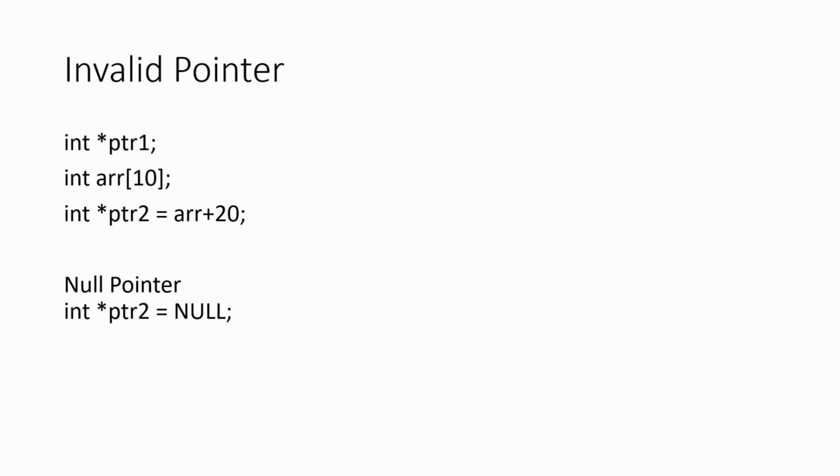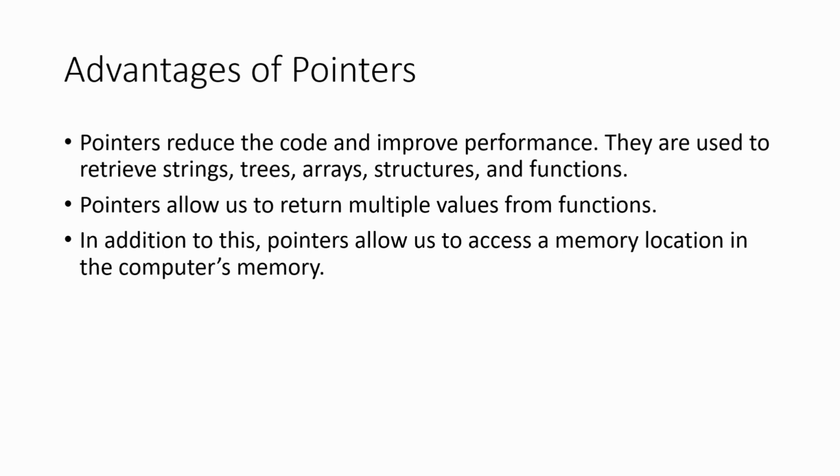PTR2 is array plus 20. I mean, this is just out of bounds, right? The array's got 10 elements and you're incrementing by 20. So it's an invalid pointer. And then you have a null pointer. In this case, I've got an integer pointer that I'm explicitly pointing to null. You'll see the use of it at some point. But just keep this in mind that these are the two types of pointers, null and invalid pointer.